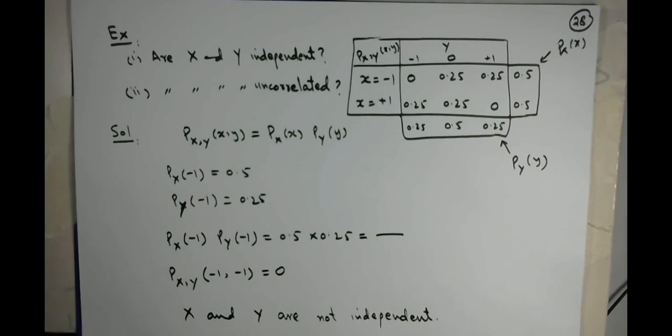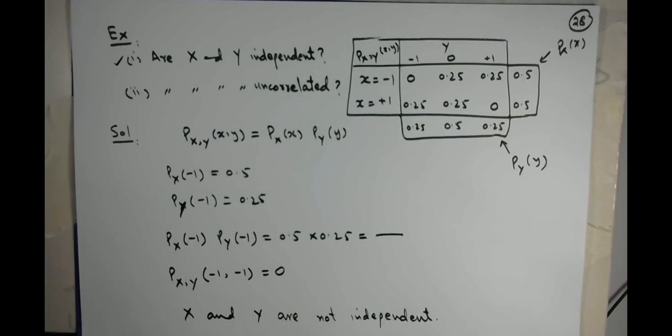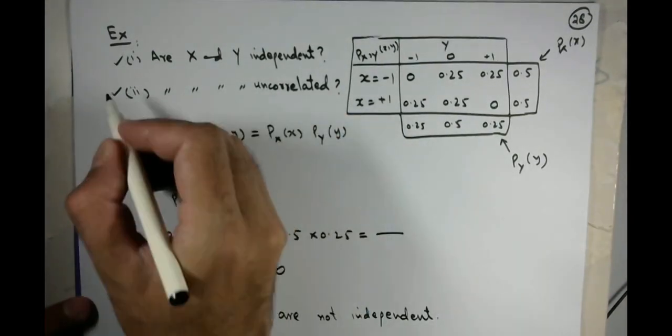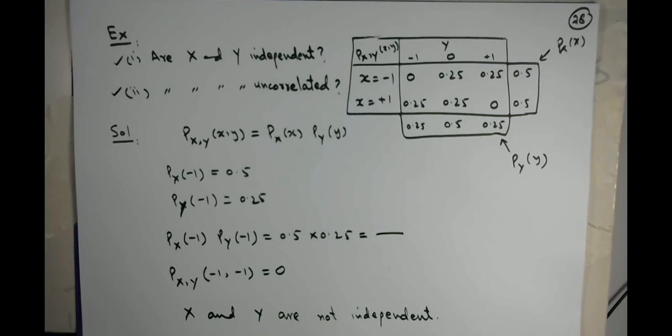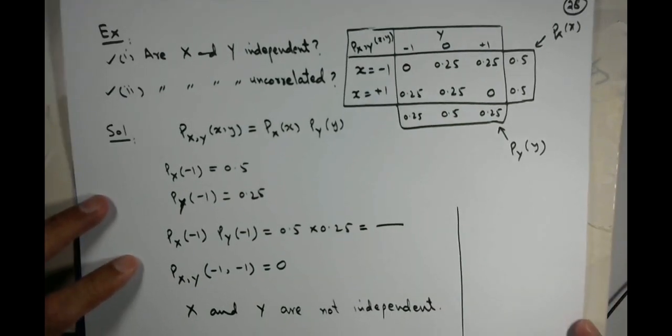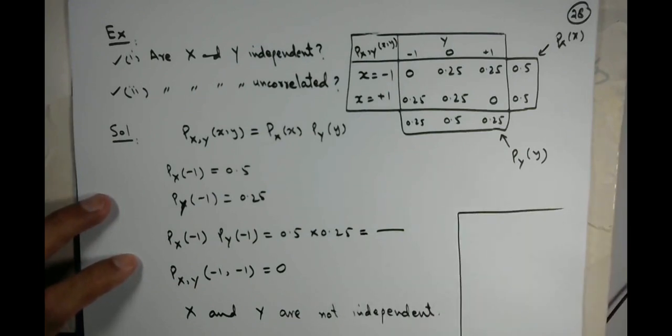Dear students, I have solved this part, explained this part, but you need to take the second part as homework. You need to check if x and y are uncorrelated. If you recall, I had given you some pointers on covariance and correlation.